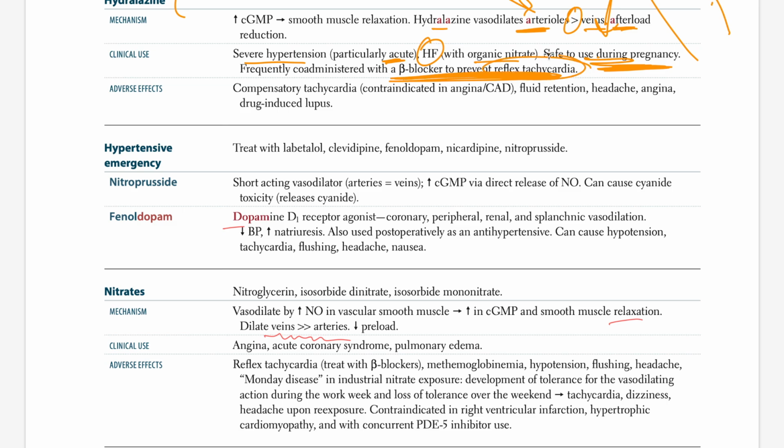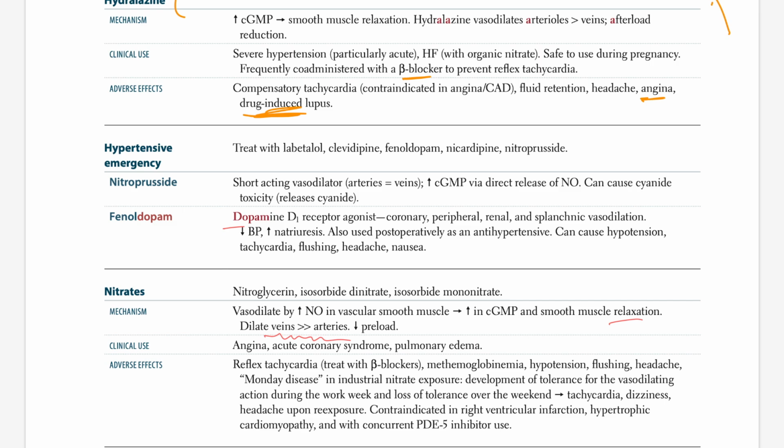To prevent reflex tachycardia, you can give a beta blocker. Adverse effects of hydralazine are compensatory tachycardia, contraindicated in angina and coronary artery disease, fluid retention, headache, angina, and drug-induced lupus. High yield. So it is one of the causes of drug-induced lupus, which is a high yield thing.